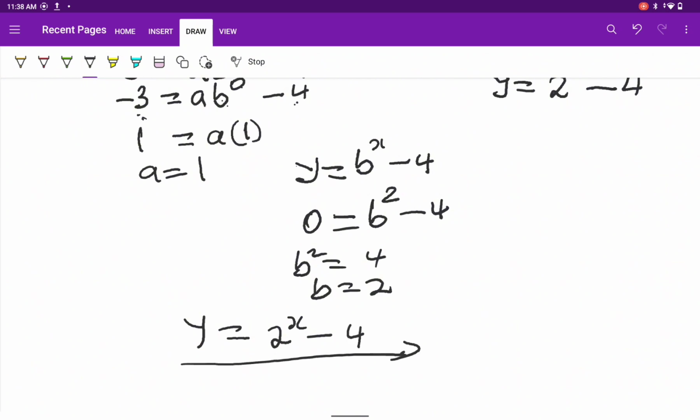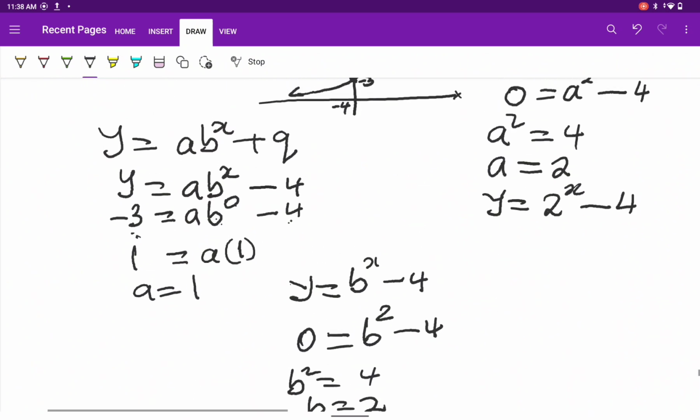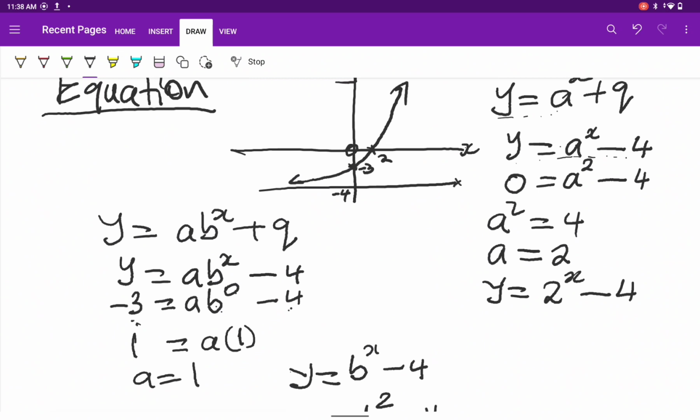So we need to be careful when we substitute the -3. We use the 0 and -3 to get the coefficient of the base of this exponent, so hence we got 1 there. And that's how we calculate the equation.